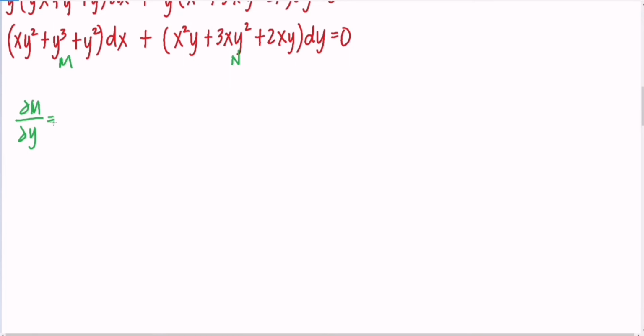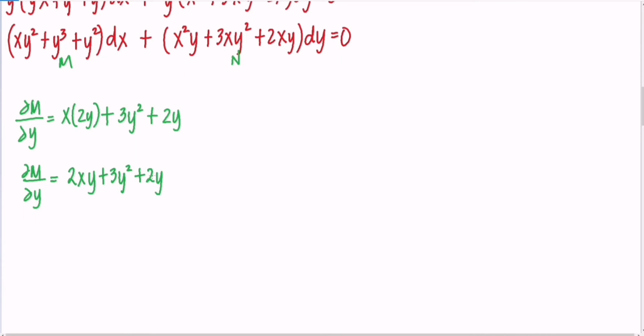Ititreat natin ulit yung x as constant. Derivative ko yung y squared, so 2y. And then, ito, in terms of y naman, derivative niyan is 3y squared. Ito rin, ang derivative niyan ay 2y. Okay? So, ang ating partial derivative of m in terms of y ay 2xy plus 3y squared plus 2y. Ayan.